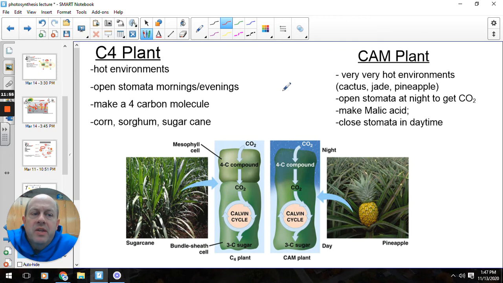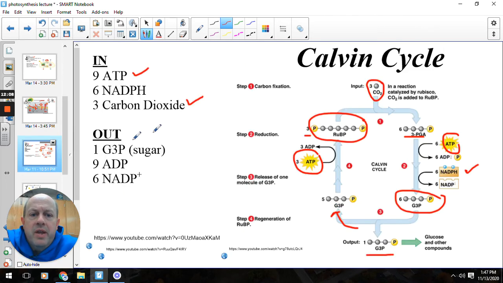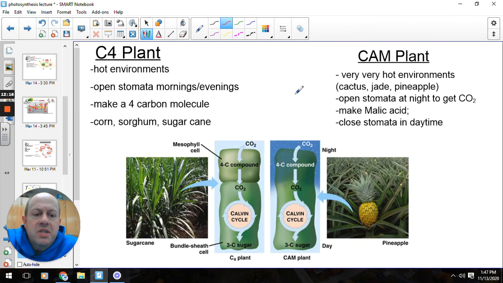Sometimes for plants, we have conditions that make it a little hard to do photosynthesis. And so when it's working right, we have what's called C3 plants, because that first molecule that we make is a 3-carbon molecule. So most plants are C3 plants.